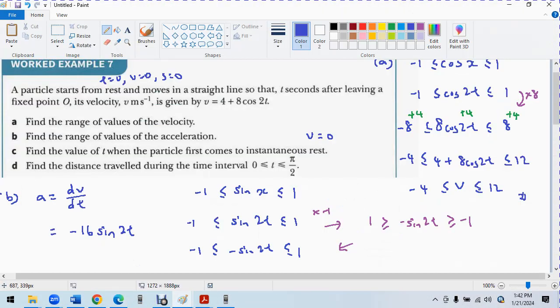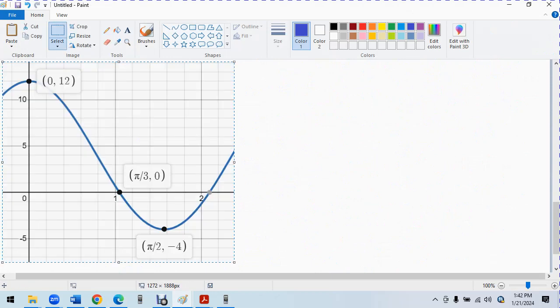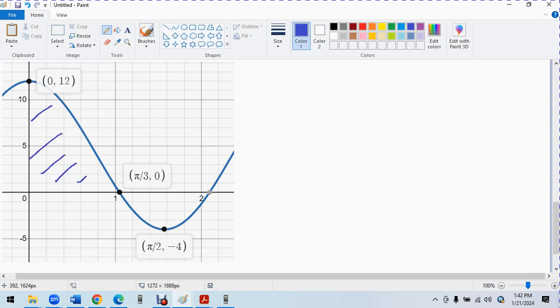We know that it changes direction when t is pi over 3. So the distance traveled is between 0 and pi over 2.